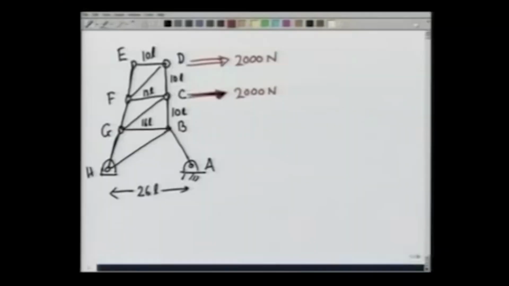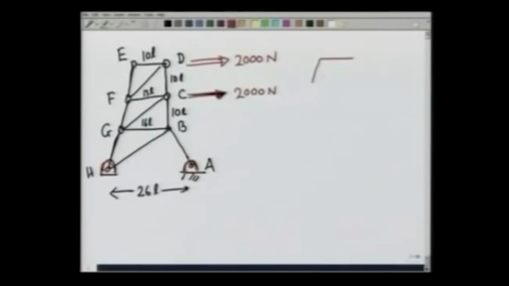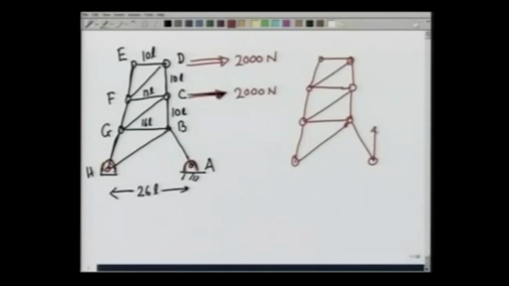Notice, since both point A and H are on fixed pins, this problem is statically indeterminate externally. Let us see how. So, if I take this structure, then there is a vertical force here, let us call it NAY, and in anticipation I am already assuming NAX is going to be to the left.